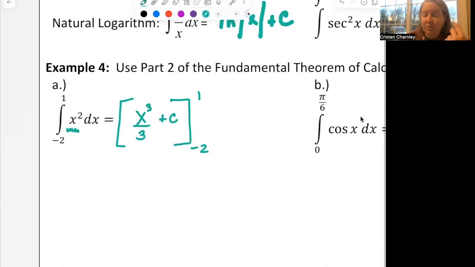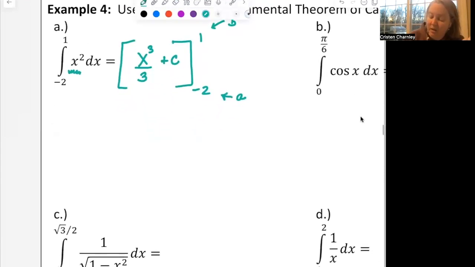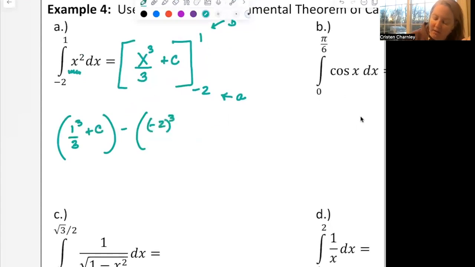So we have the antiderivative, we have the two boundaries. Remember, the top one is b, the lower one is a. You're going to replace x with those numbers. So this becomes 1 cubed over 3 plus c minus negative 2 cubed over 3 plus c.